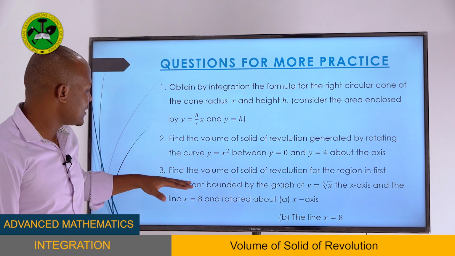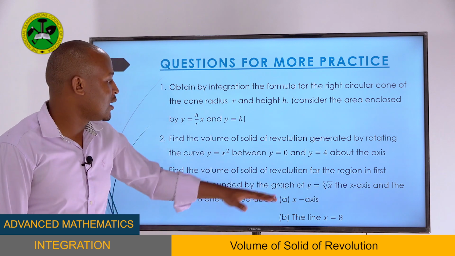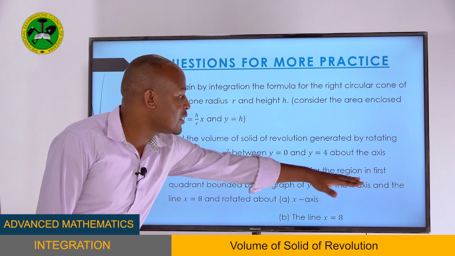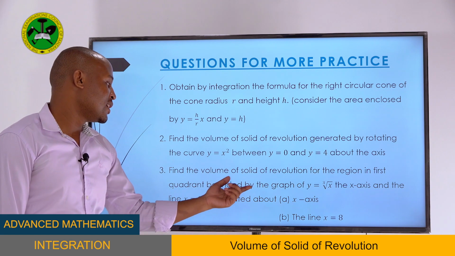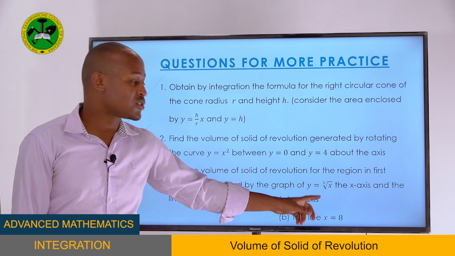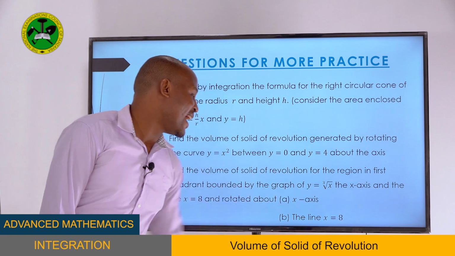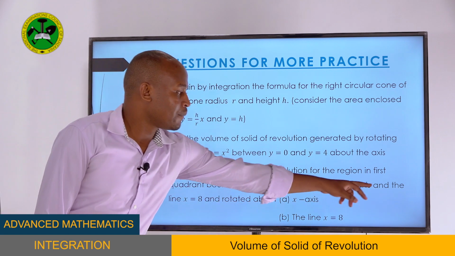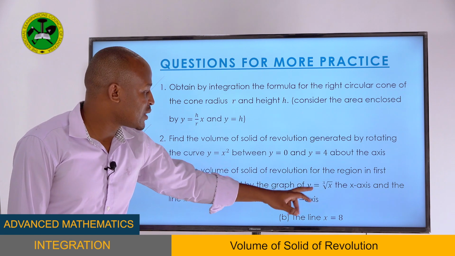The third one says find the volume of solid of revolution generated for the region in the first quadrant bounded by the graph of y is equal to the cube root of x, the x-axis. And now here the limits were stated and the function was stated.